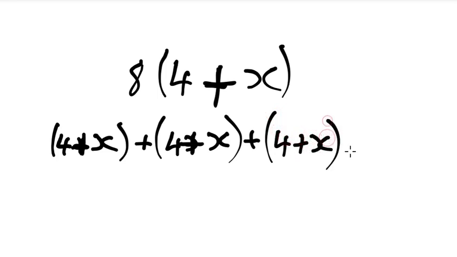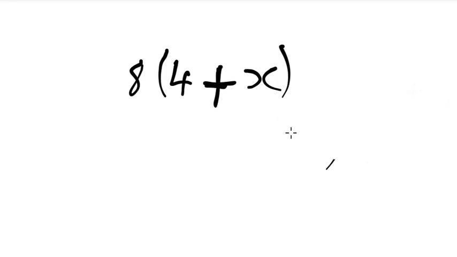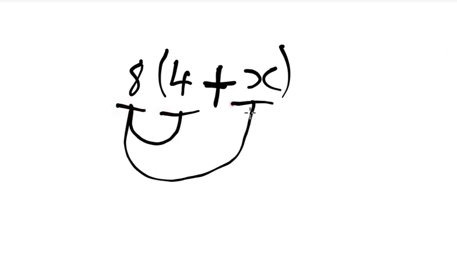Imagine I did that 8 times, 8 of them. That would be 8 lots of 4 plus x. That's what this represents, exactly the same as 8 brackets 4 plus x. That's why we multiply this 8 with the 4 and with the x, because we're doing 8 times 4 plus x.